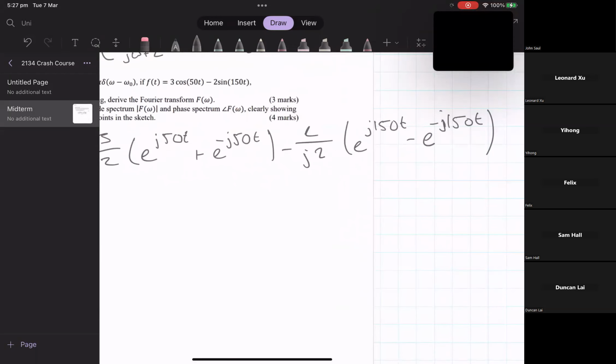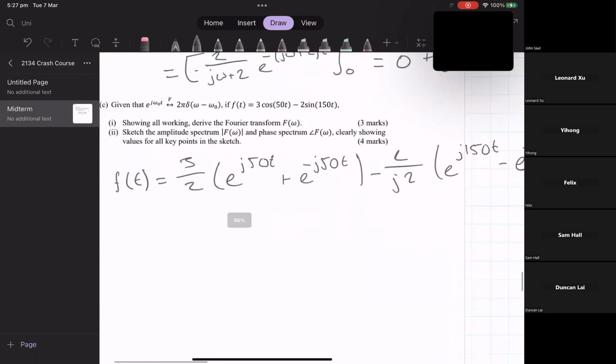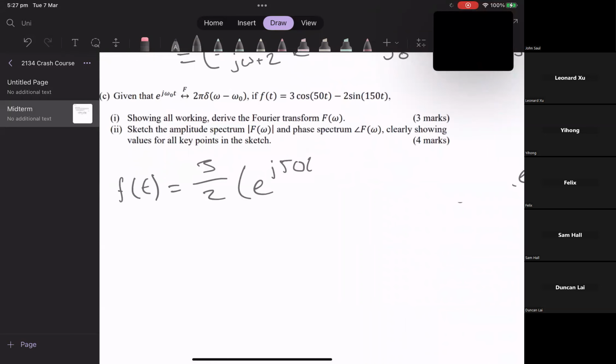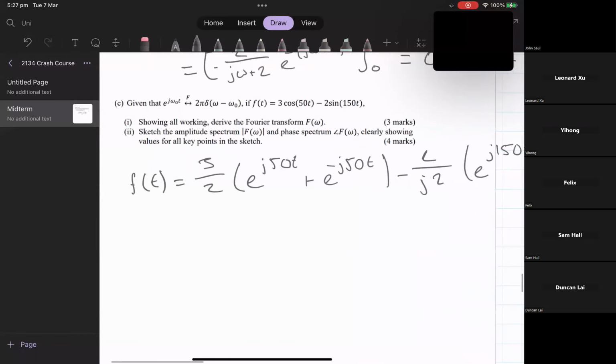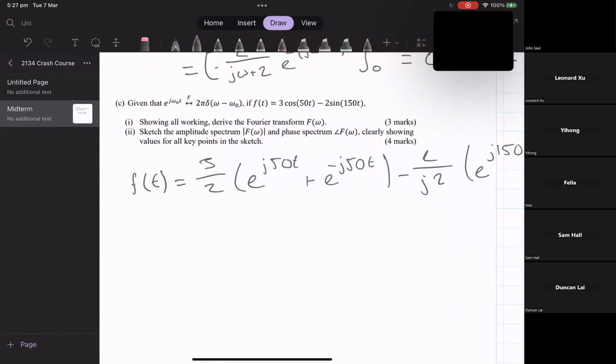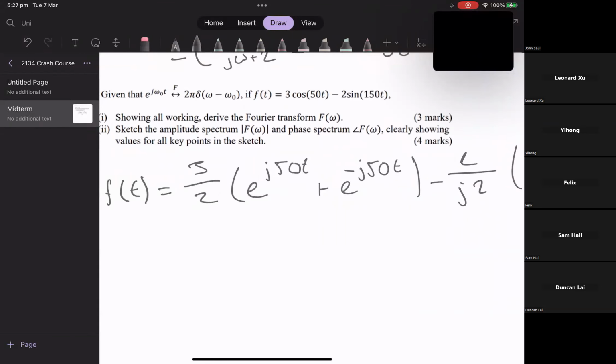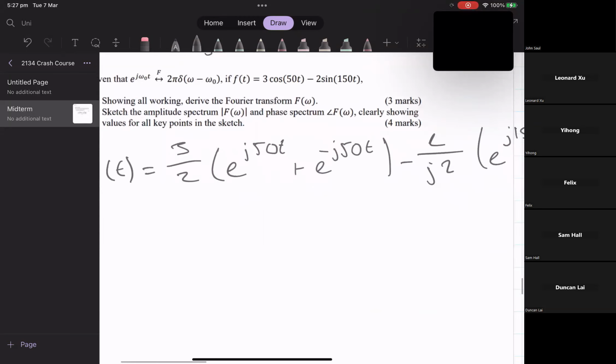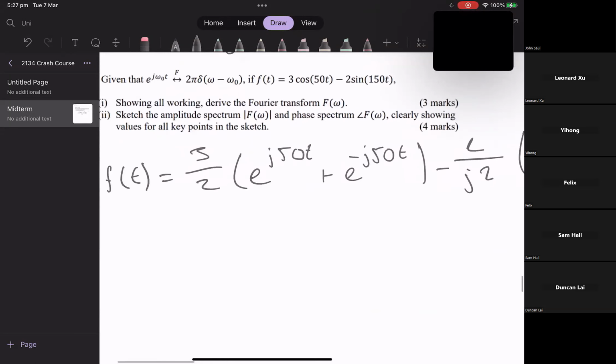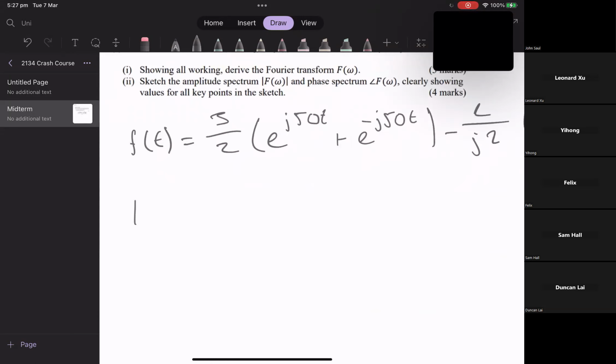We can expand this and simplify, but I think it's pretty easy to see that this formula applies for each of these components of the f of t, and we can separate it and do each of the Fourier transforms separately. So e to the j omega naught t goes to 2 pi times the Dirac delta of omega minus omega naught. For this case, our omega naught is 50. And yes, that's it. So we would get F of j omega.